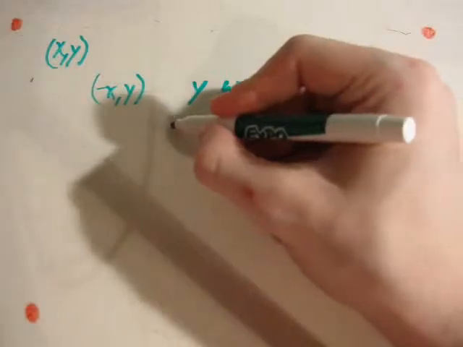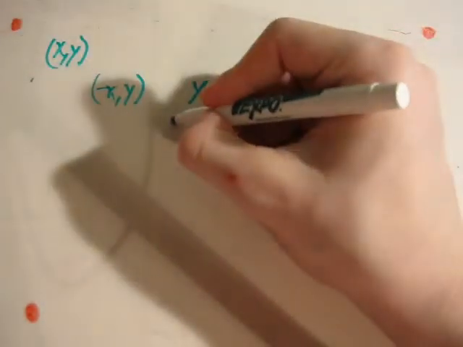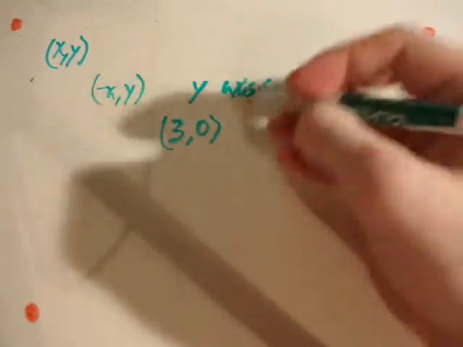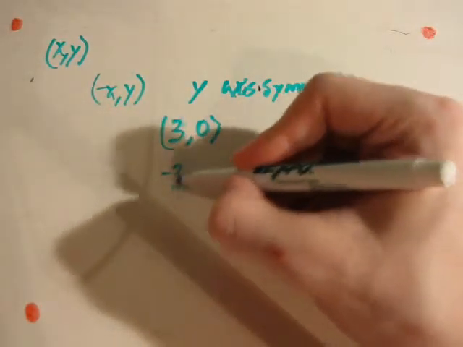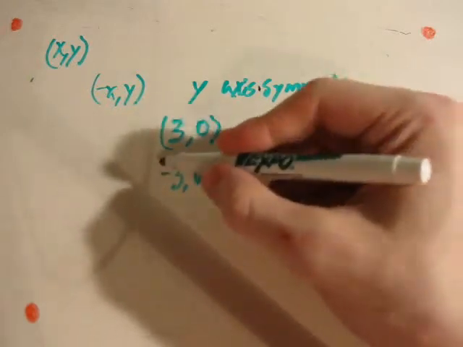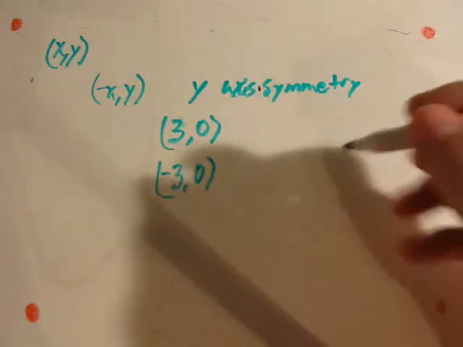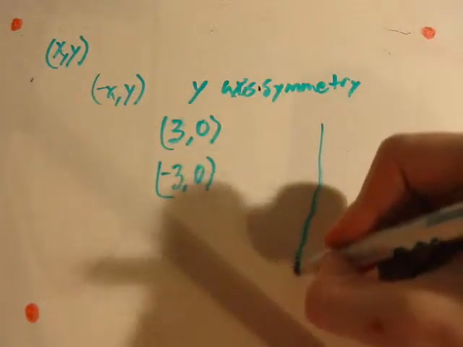So if you've got a place like 3, 0, and you've got another place of negative 3, 0, there's your y symmetry.